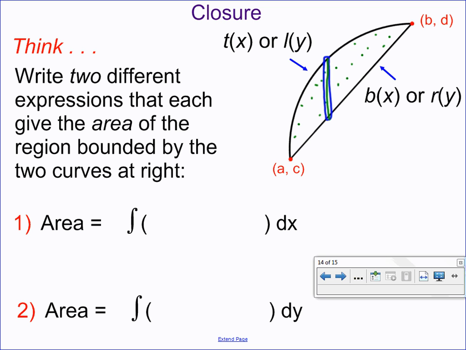So the area in this case, scanning the region from left to right, would be the integral from a to b with respect to x. My top curve would be y equals t of x, minus my bottom curve, given by b of x. These functions will be solved for y and have x's in them. The independent variables will be x.